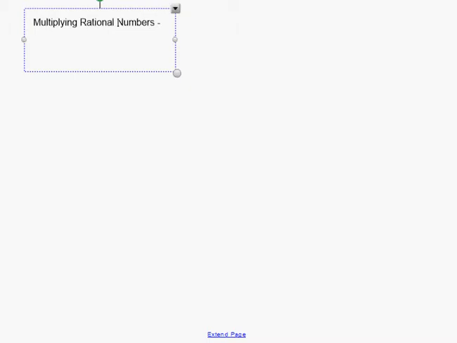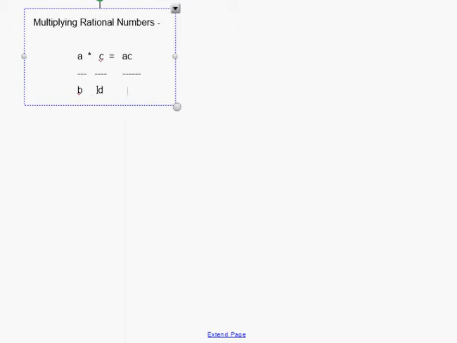An example of this would be if we have A/B times C/D, we get AC over BD.